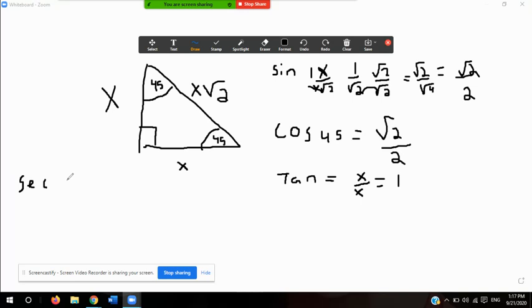Instead of saying 1 over the cosine, I'm simply going to say that the secant is the same thing as saying adjacent over hypotenuse. And here's the thing. If I find the secant, I also have the cosecant, because the cosecant is the opposite of the sine, right? So we'll see in a minute. The adjacent over hypotenuse.